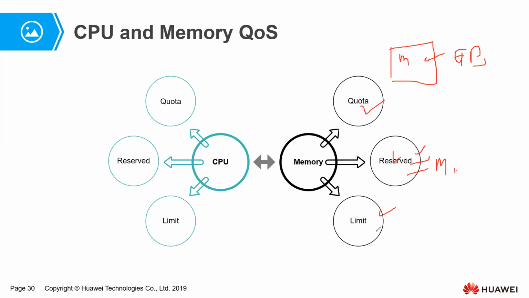Then we have memory limit, which specifies the upper limit, the maximum physical memory resources that can be used by a given virtual machine.